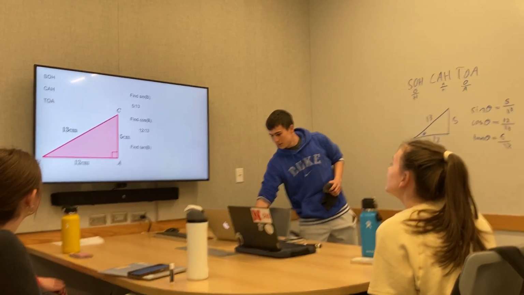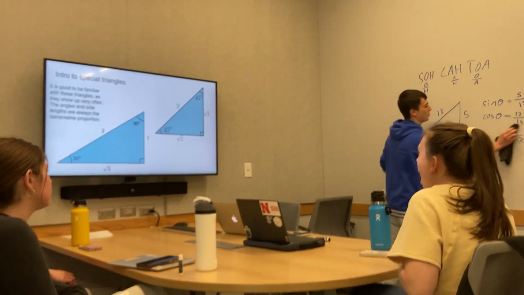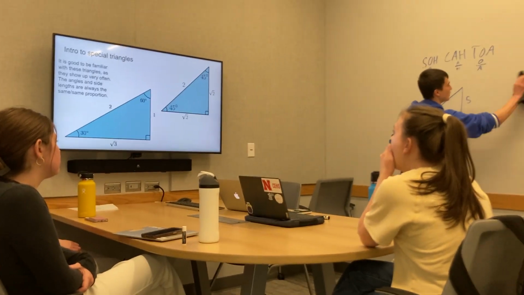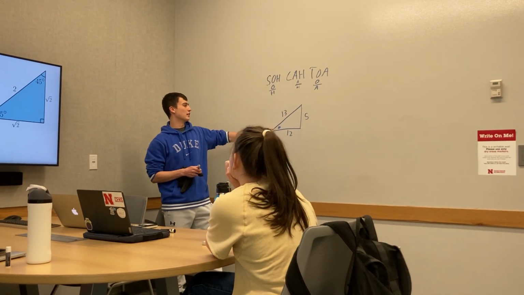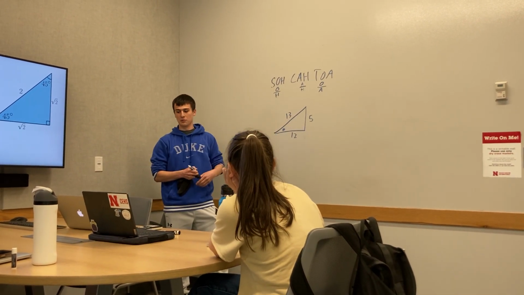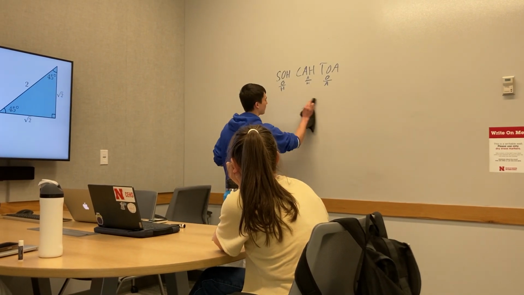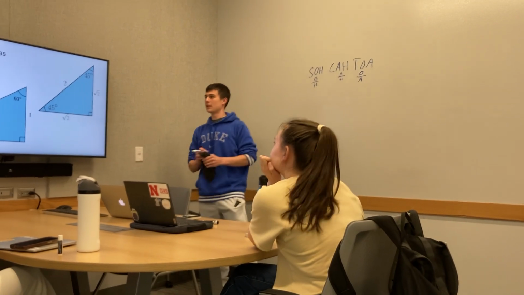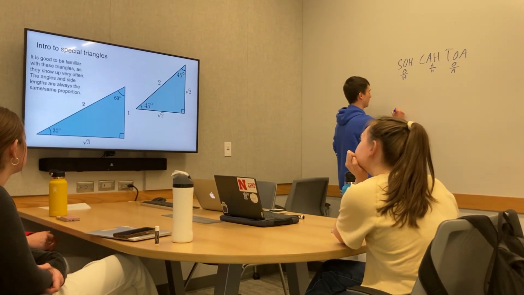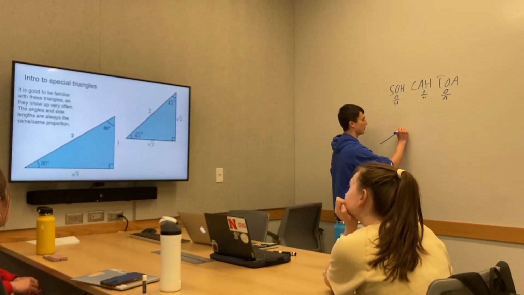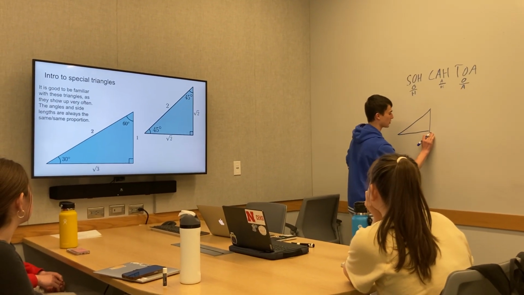So if we want to apply this a little more in depth, we can also use these functions, sine and cosine, to find the angle if we were given the sides. So we're going to do the same process but in reverse. And we know in trigonometry or geometry, however you want to look at it, we have two special triangles that are always going to have the same angles and the same proportions of sides.